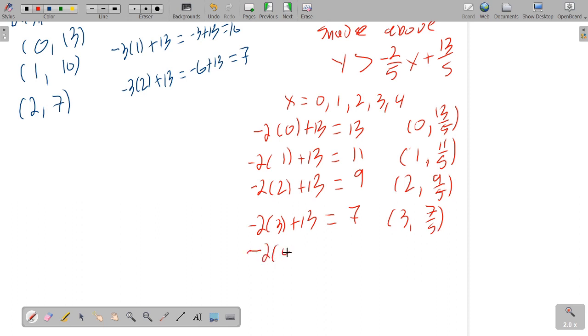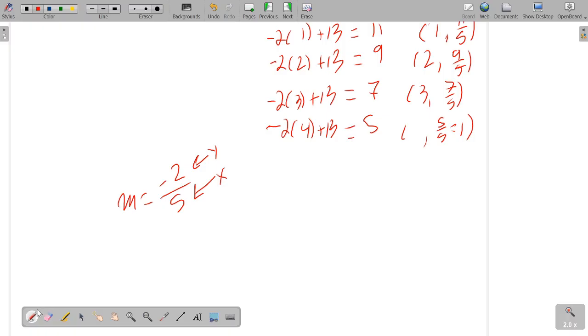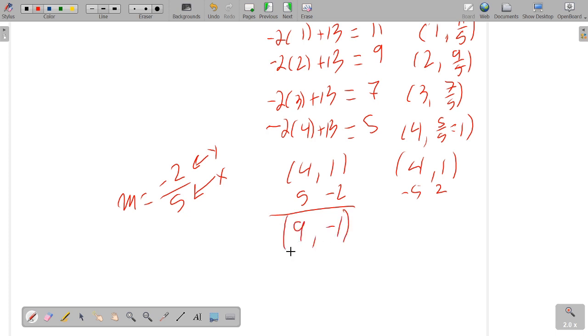Negative 2 times 4 plus 13 equals 5. And of course, 5 over 5 is really 1. So we have (4, 1). This becomes (9, negative 1). This becomes (negative 1, 3).